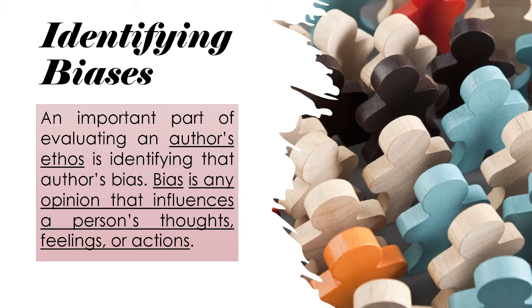Bias is any opinion that influences a person's thoughts, feelings, and actions. An author's bias is any opinion or prejudice that affects that author's writing and prevents the author from being completely neutral about the topic or issue that he is writing.